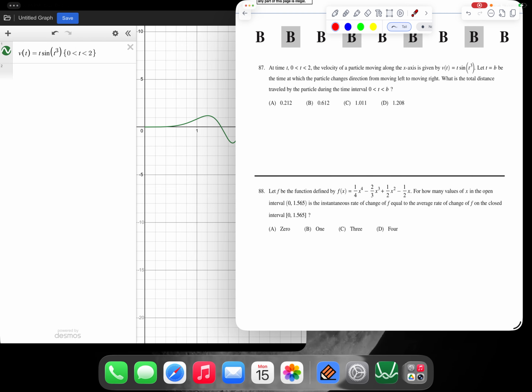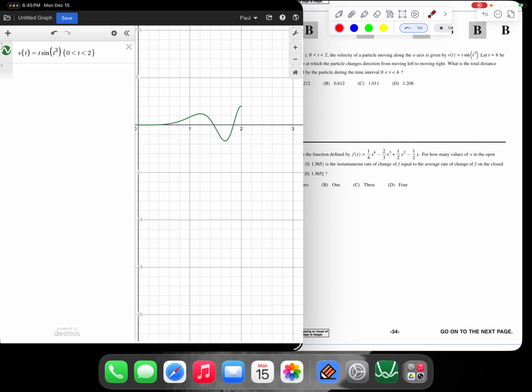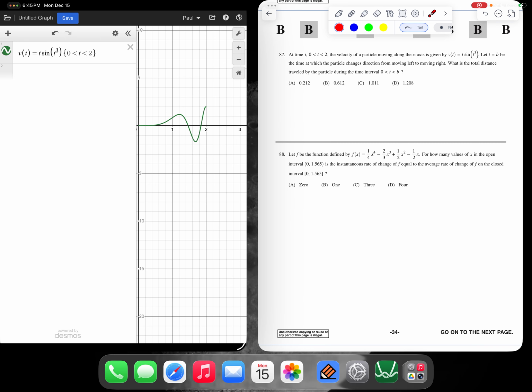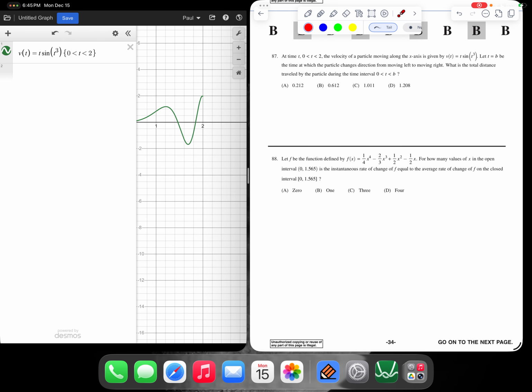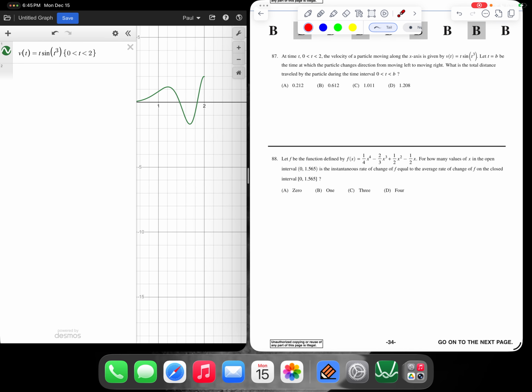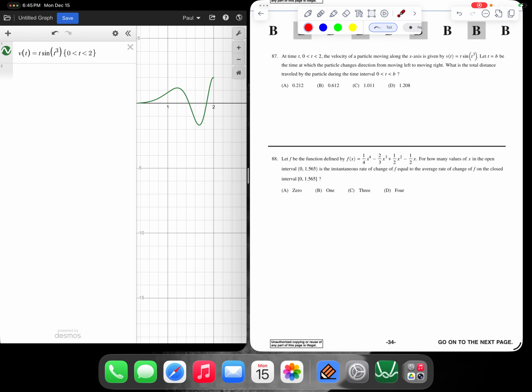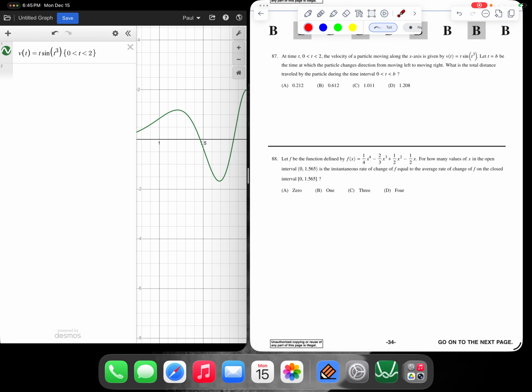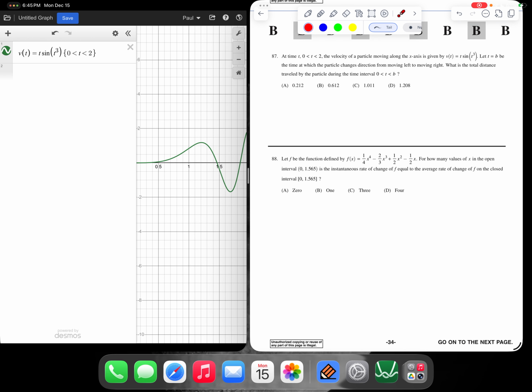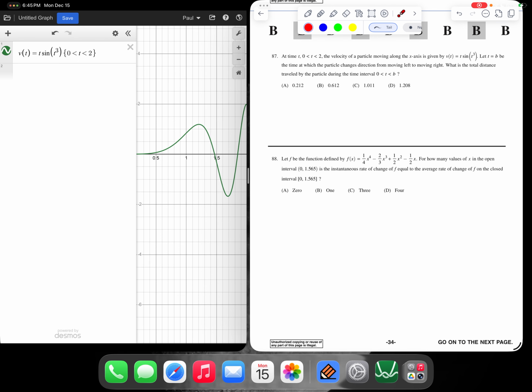Now, let's reread the problem because these can get confusing. All right. Let t equals b be the time at which the particle changes direction from moving left to moving right. Okay. More sign analysis. When this velocity graph is above the x-axis, when it's positive, it is moving to the right.